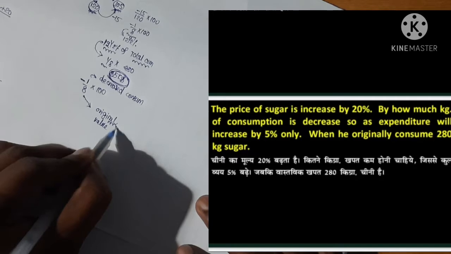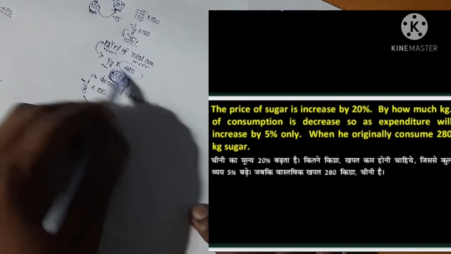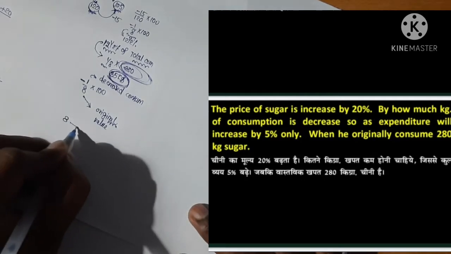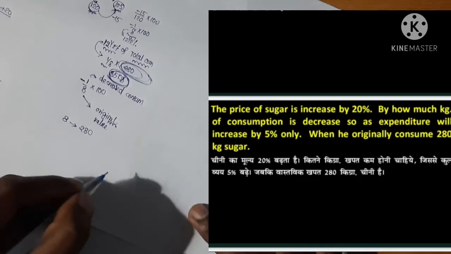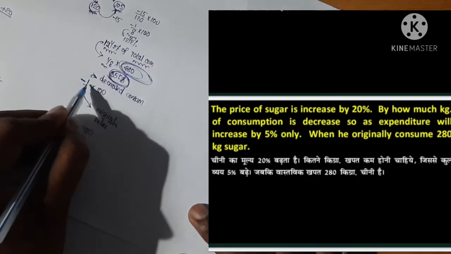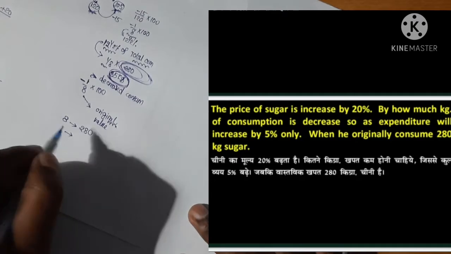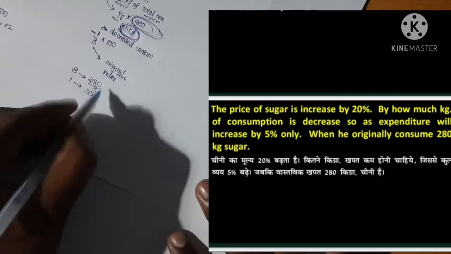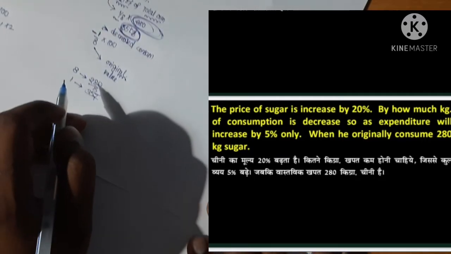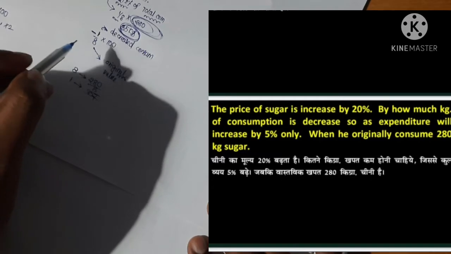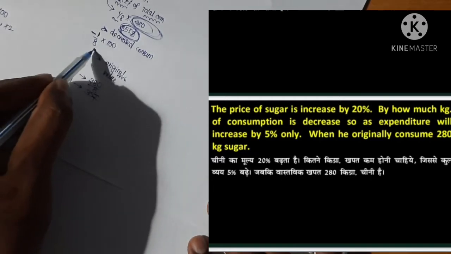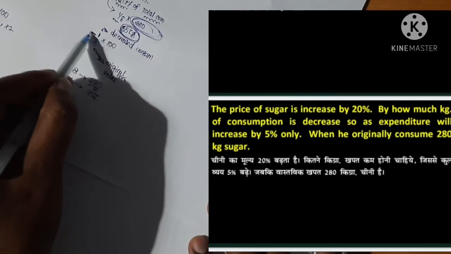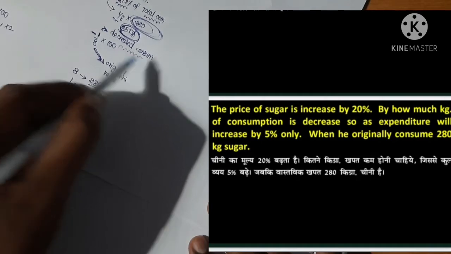So the total original sugar is 280. So 8 units represents 280. The decreased consumption represents 1 unit. 1 unit represented by 8 has the value 35. Now what is the current consumption? 8 is the original value, and this one is the decreased consumption.